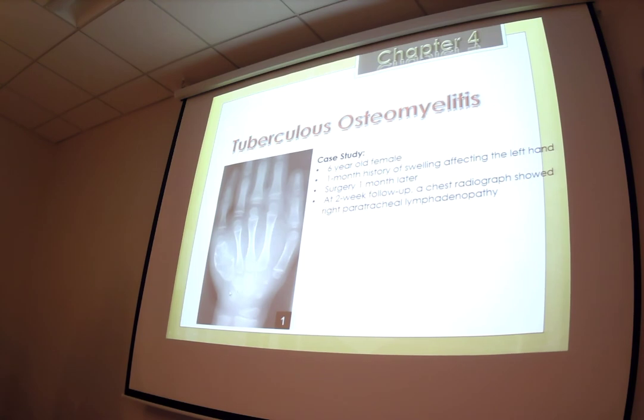They finally brought her in, they took an x-ray, and they saw the bone destruction in the first metacarpal. So about a month later, they went into surgery to fix this. My guess is they removed this and put in some sort of bone graft.